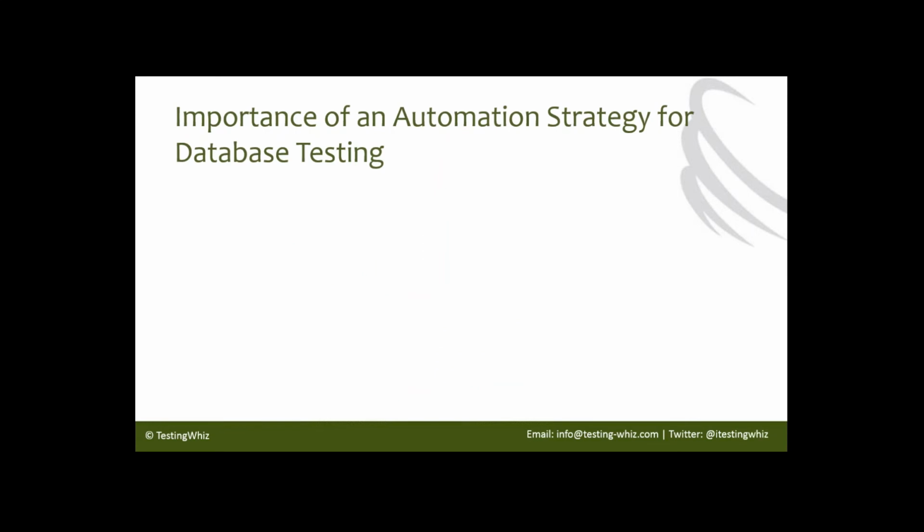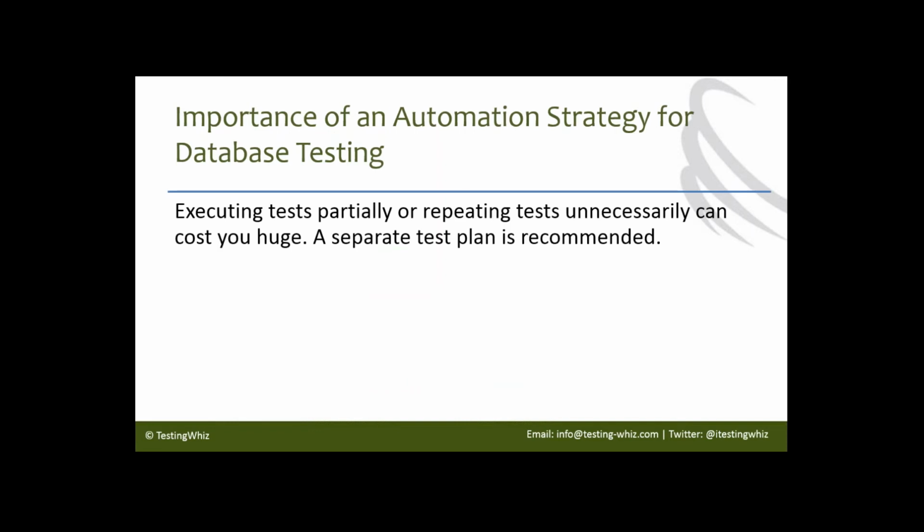Now, the importance of an automation test strategy for database testing. This strategy of database testing should be unique as compared to other testing strategies. Executing tests partially or repeating tests unnecessarily can cost a company huge resources. A separate test plan is always recommended for database testing.